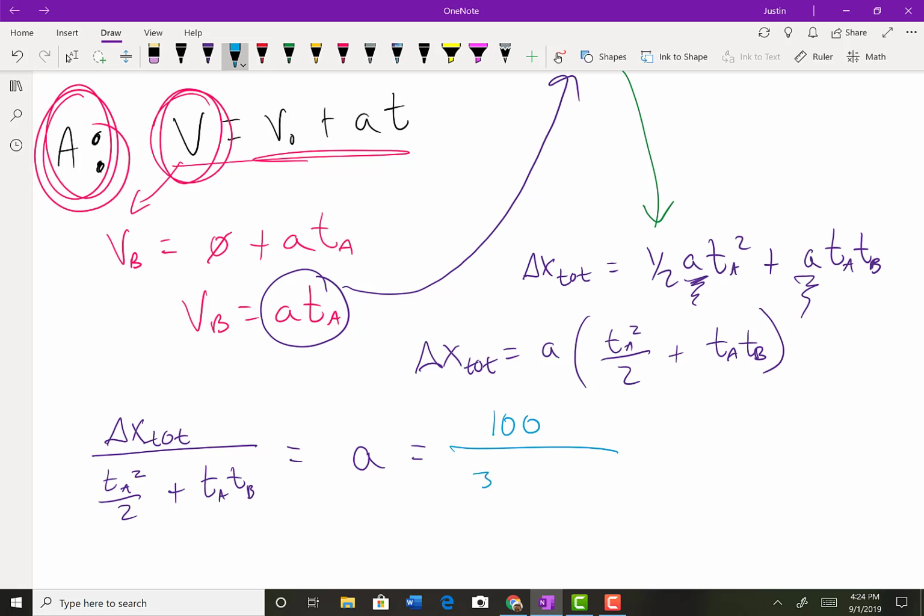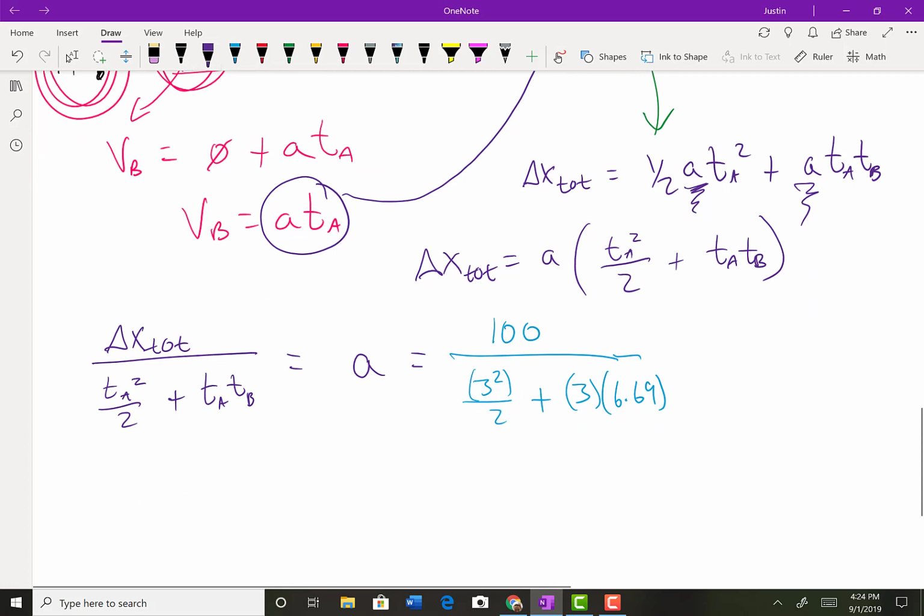And then TA is 3, so 3 squared divided by 2 plus 3 times TB, which is 6.69. I'm doing this on my calculator: 9 divided by 2, 4.5, plus 3 times 6.69. And lastly, 100 divided by all that gives 4.07 meters per second squared.